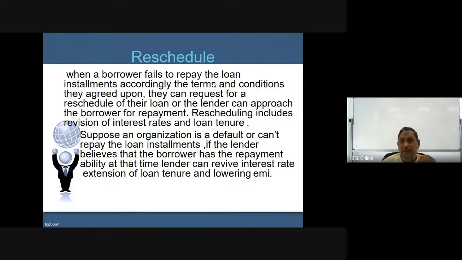Now, this rescheduling can practically be applied easily if we identify the customer's problem very carefully and correctly. Because sometimes a customer defaults due to certain management failures. It can happen.